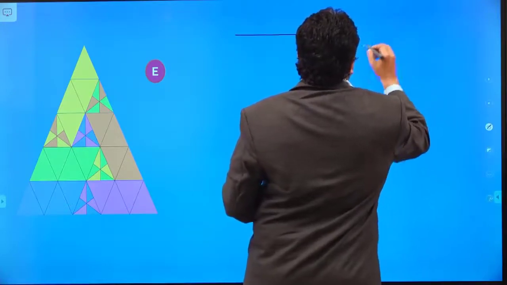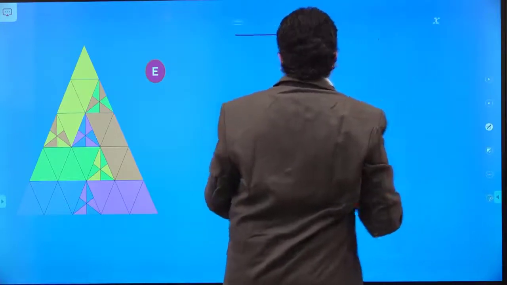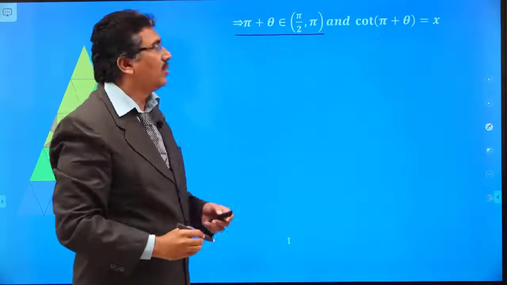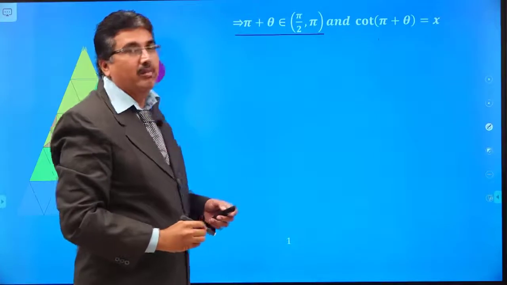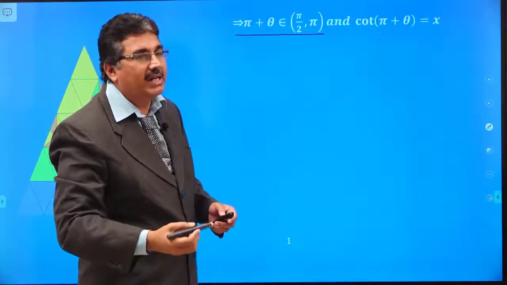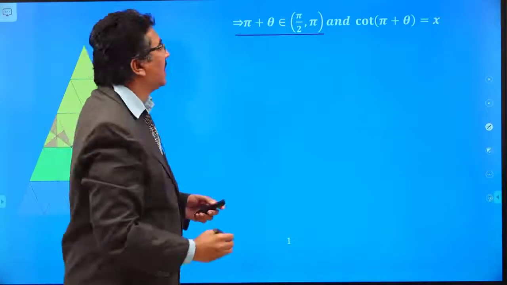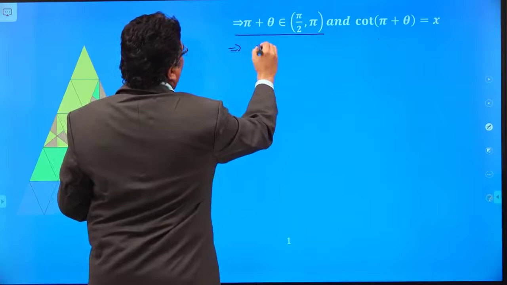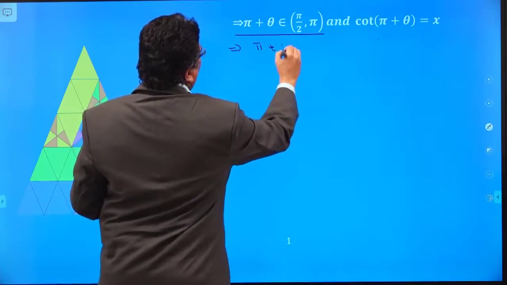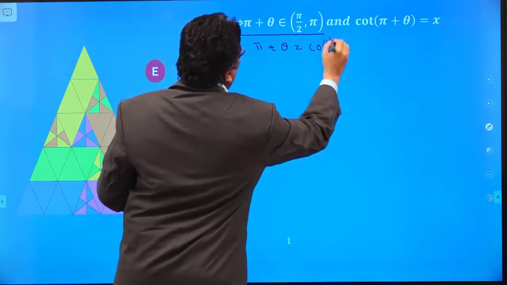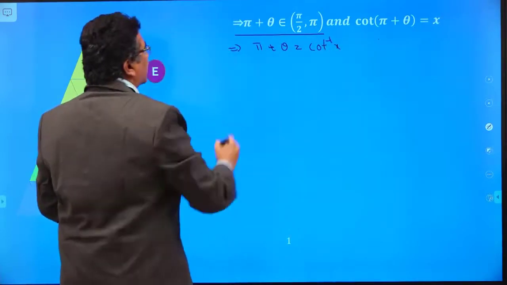Here cot of pi plus theta is equal to x, and also pi plus theta belongs to the domain of cot. By the definition of inverse trigonometric functions, pi plus theta is equal to cot inverse x.